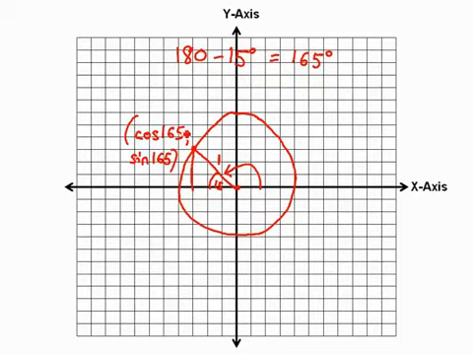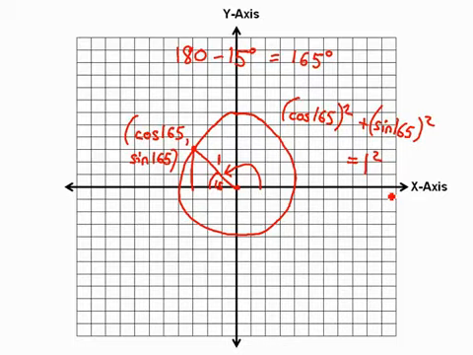Mm-hmm. The x value would be negative and the y value would be positive. But we also know that cos of 165 squared plus sine of 165 squared is equal to the radius of the circle squared, which is 1 squared.